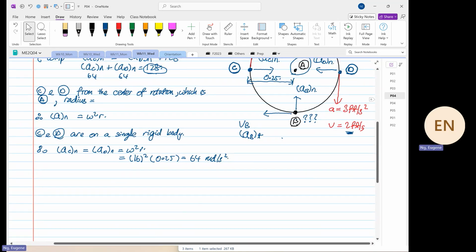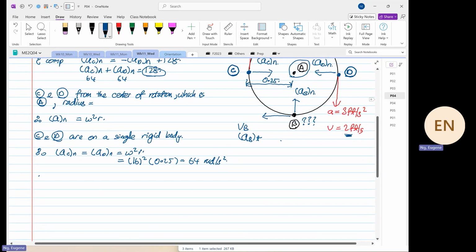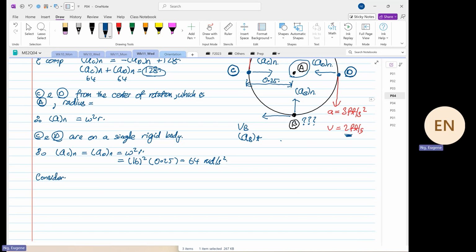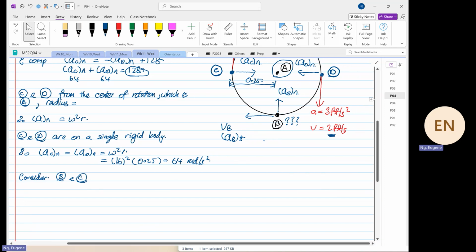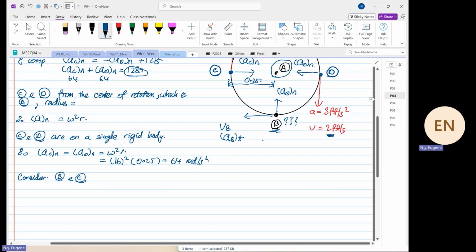The last thing that we are going to do is consider point B and point C. To solve for point B, if you use point D, the answer will also be the same.